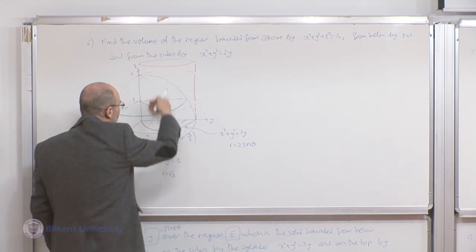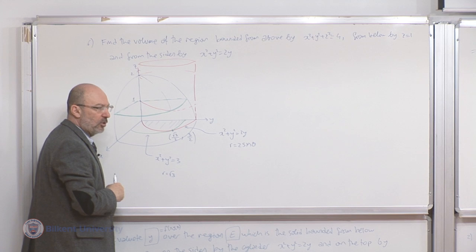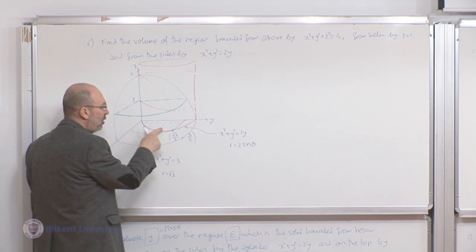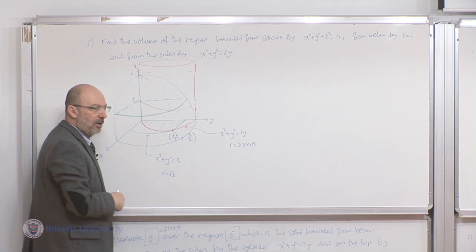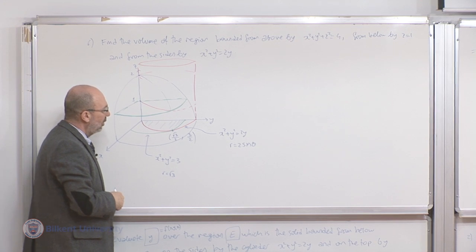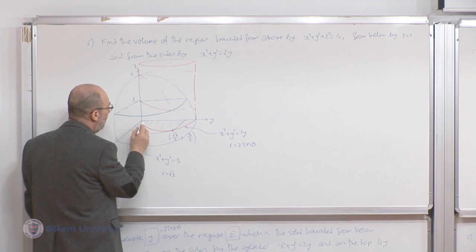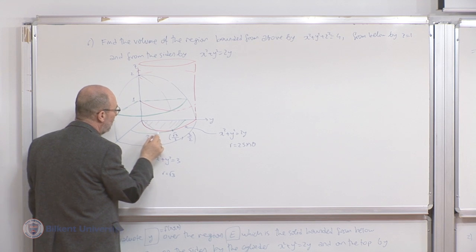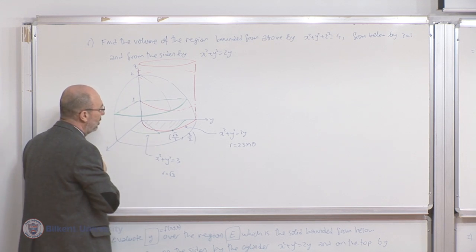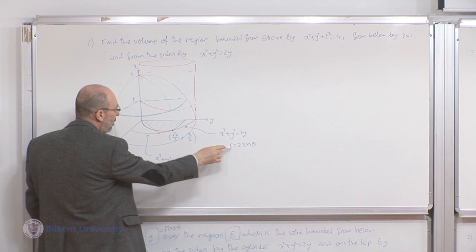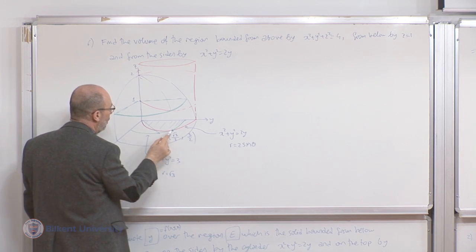After we integrate with respect to z, now we have to describe this region. This region is the sum of two integrals in polar coordinates, because a ray through the origin enters the region when r is 0, leaves the region along this red circle when r is equal to this, and it does it up to this point.